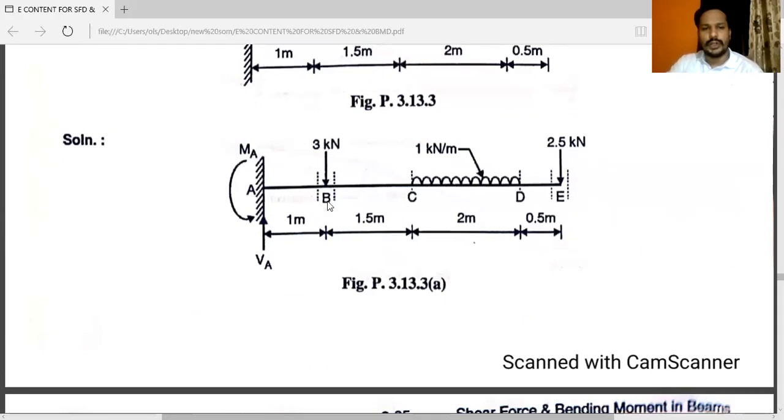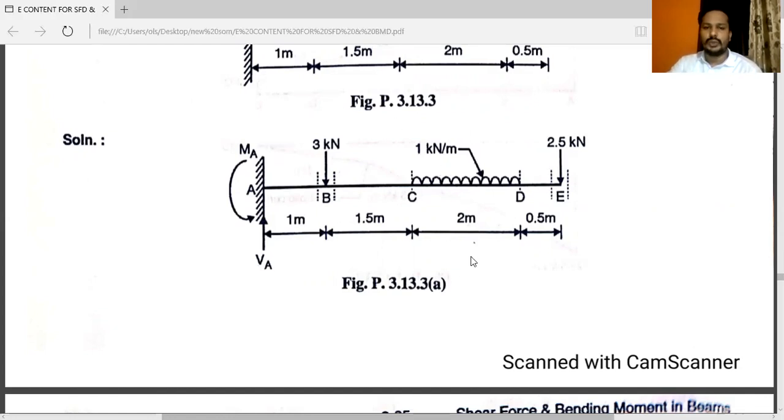The 3 kilonewton is moving in the clockwise direction, so plus 3 into the perpendicular distance. Here the load is acting here, that is 2 kilonewton, meaning 1 into 2, that's why it's 2. So 2 is also moving in clockwise direction.